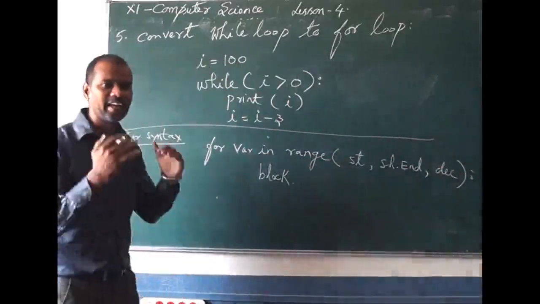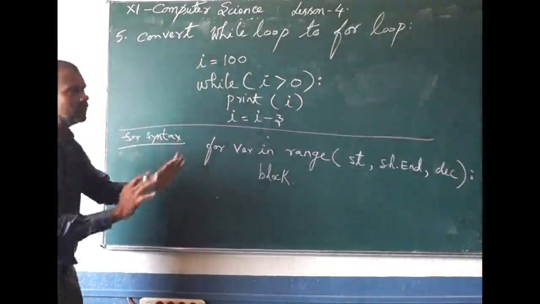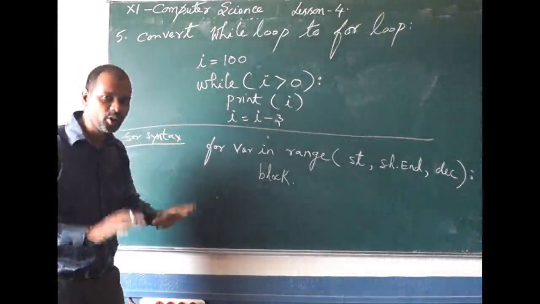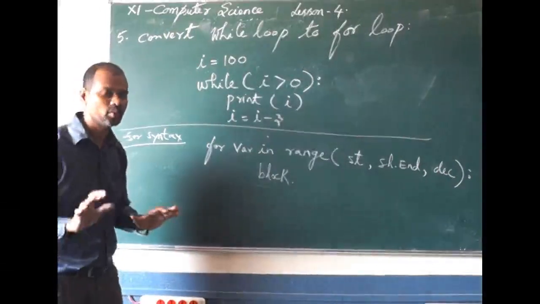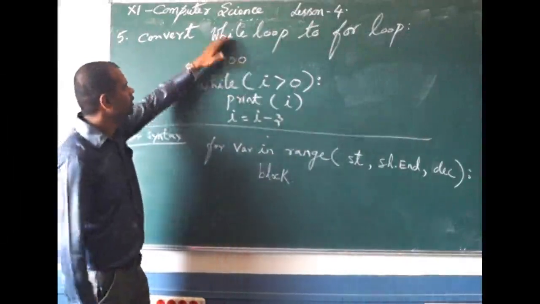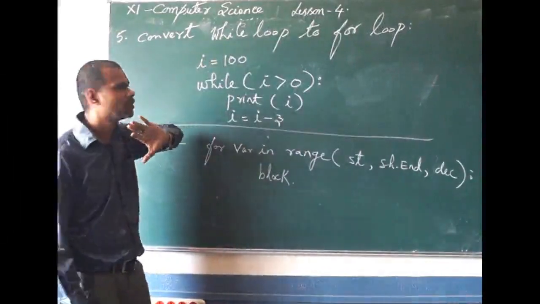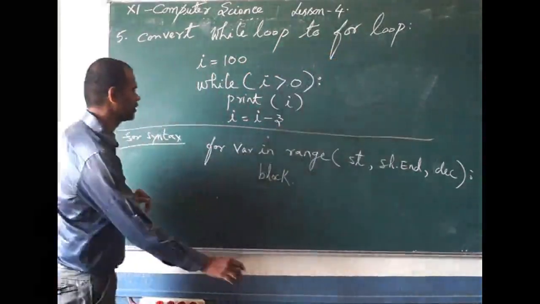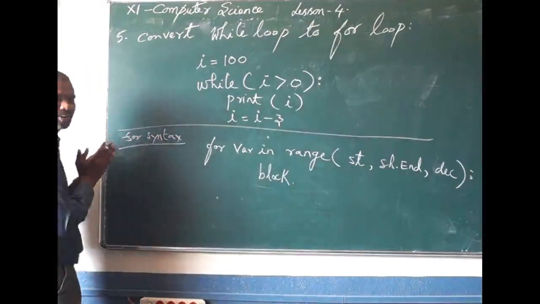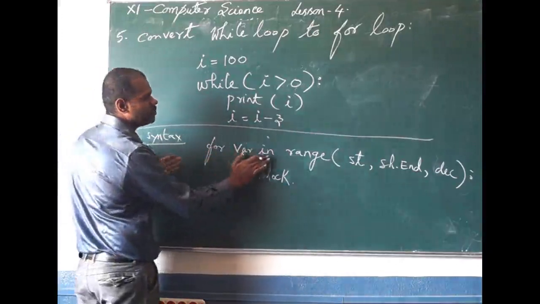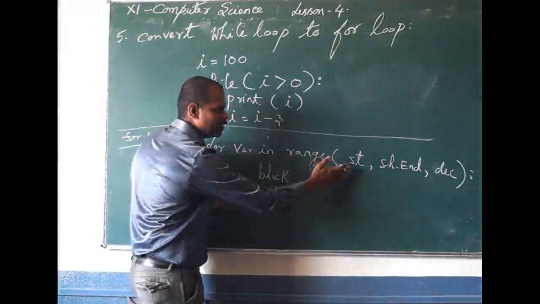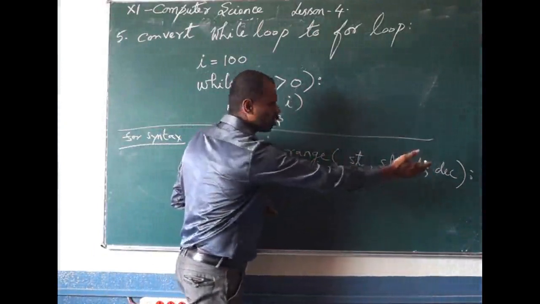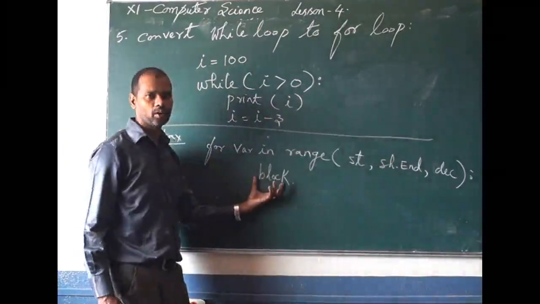So now only we are getting into the program. This is very simple. If you couldn't understand till now, listen, you will be able to understand clearly. This is the while loop. You have to convert it to a for loop. Then what is the for loop syntax? For variable in range, starting value, stopping end, comma, increment or decrement value, colon, action block.